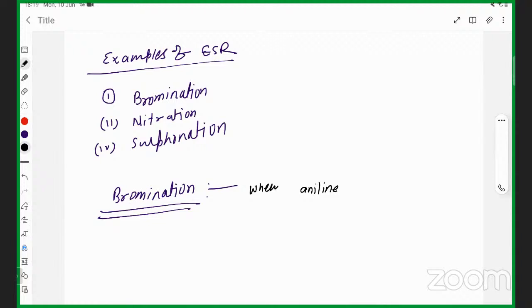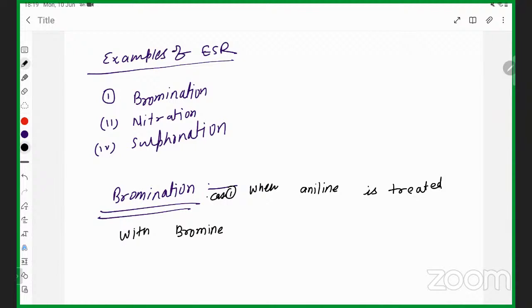Okay, let's go. When aniline is treated with bromine water, case 1, we are doing case 1.